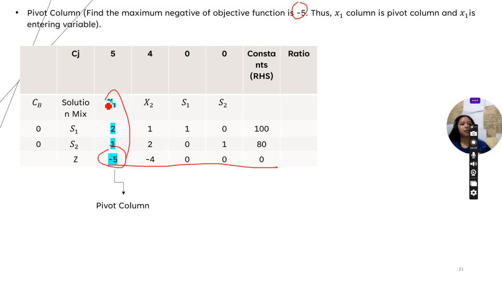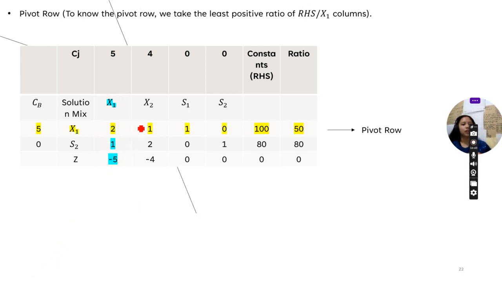Since negative 5 belongs to the x1, this is already our pivot column. Next step is pivot row. To know the pivot row, we take the least positive ratio of RHS divided by x1 column. So let's divide this to this.